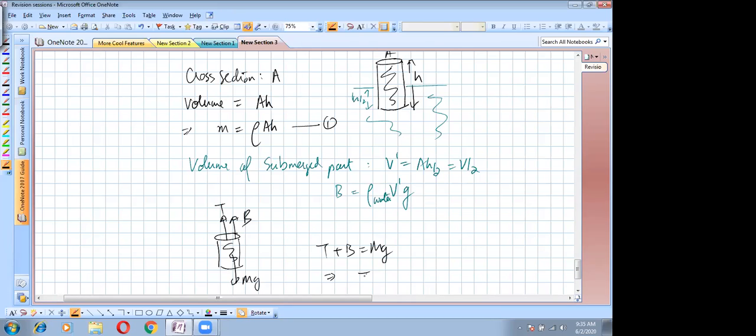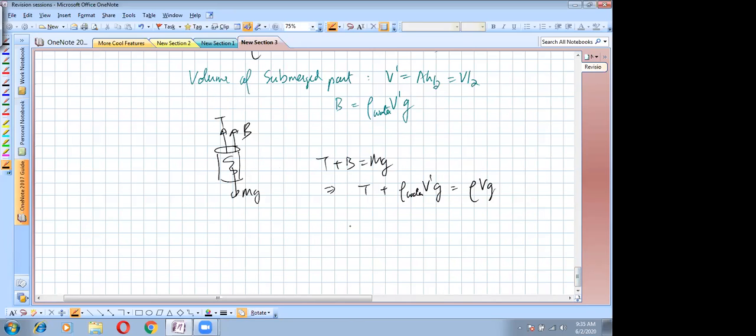So tension plus density of water into volume of submerged part into G has to be equal to density of the material into total volume into G. So from this you can see that, V prime being V by 2, the tension should be equal to density minus density of water by 2 into volume into G.